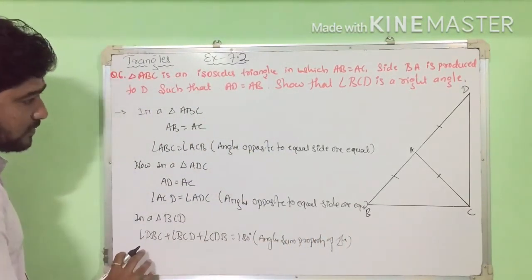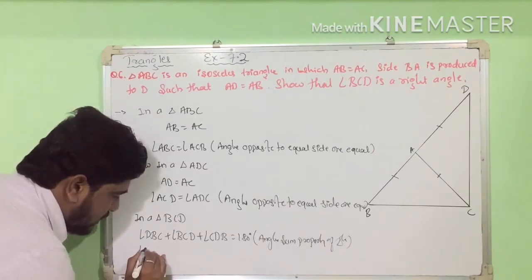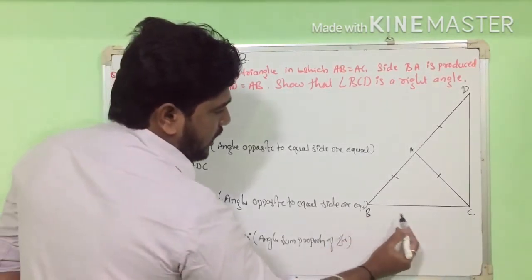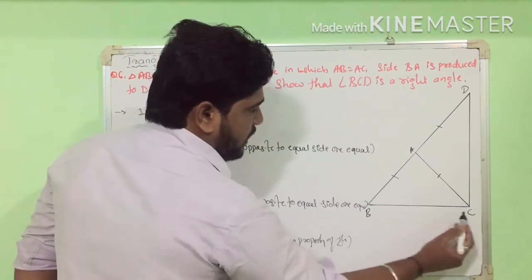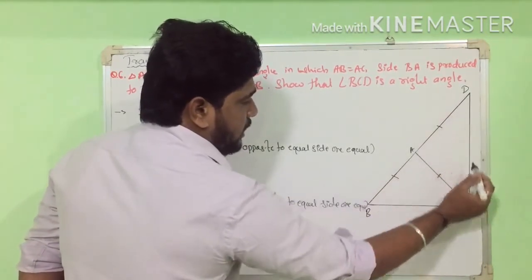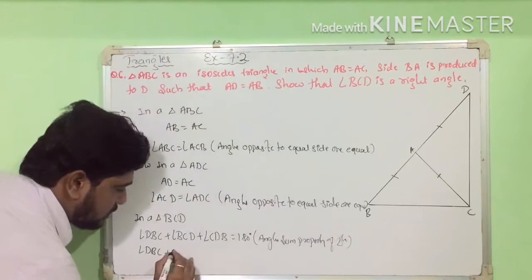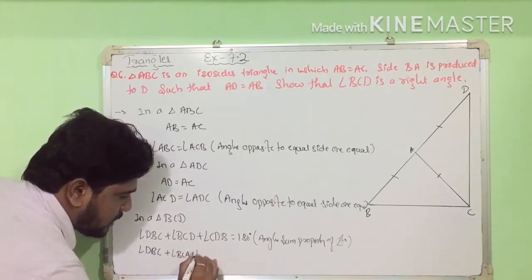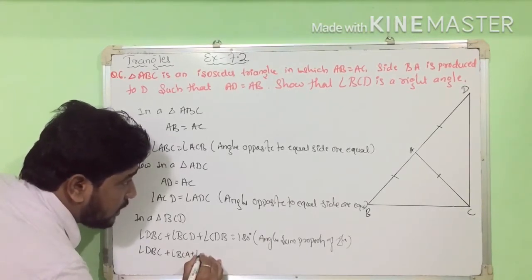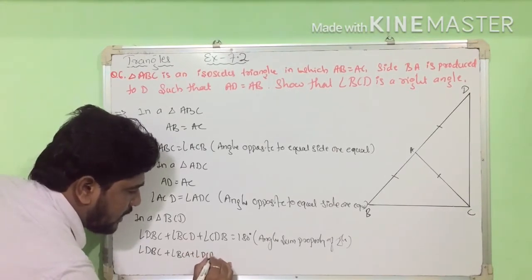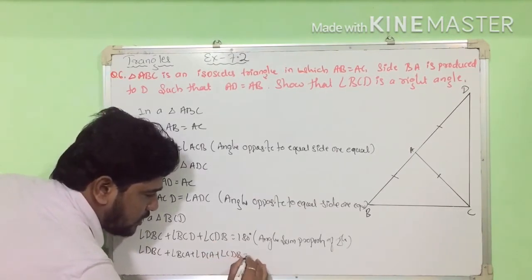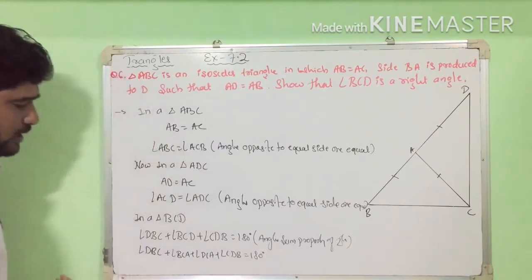So now angle DBC as it is, right? So plus angle BCD, we can write angle BCA and DCA, right? So angle BCA plus angle DCA plus this one as it is, angle CDB is equal to 180, right?